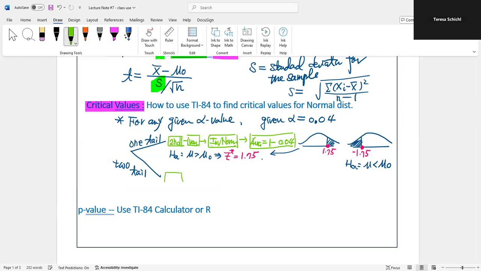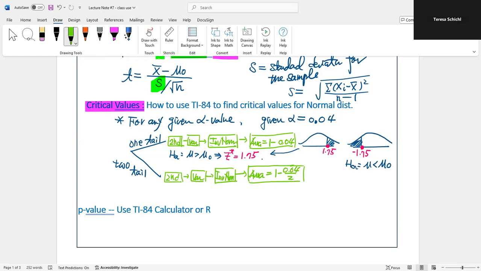You first hit second, then you hit the key called var, then you hit the inverse norm. Now your area will be 1 minus 0.04 divided by 2, right? Because now you have a two-tail test, so it's divided by 2.